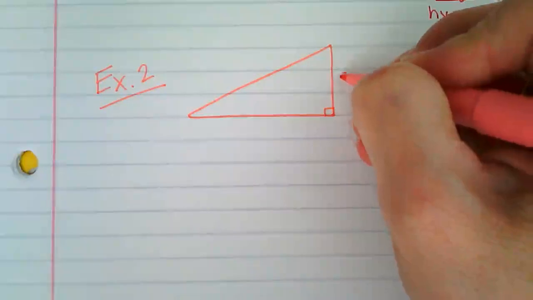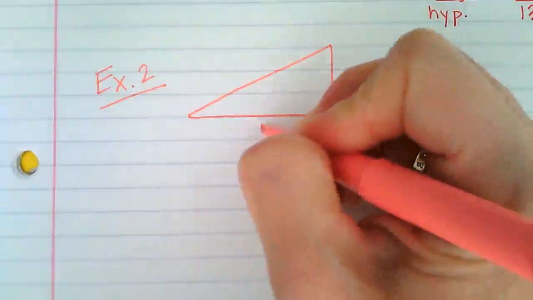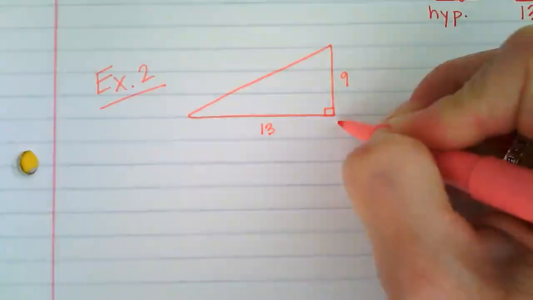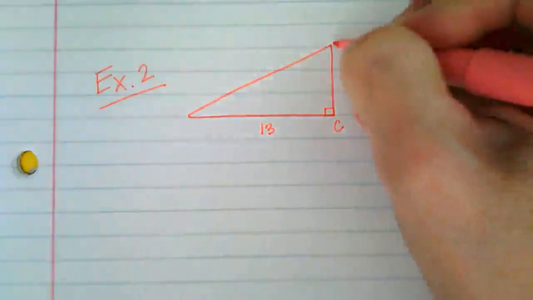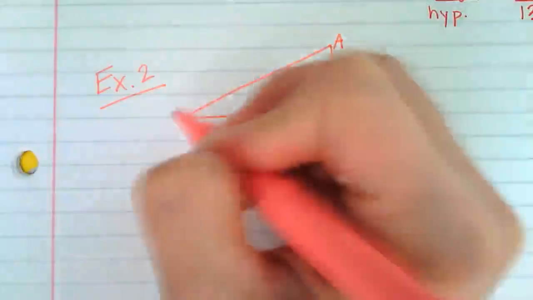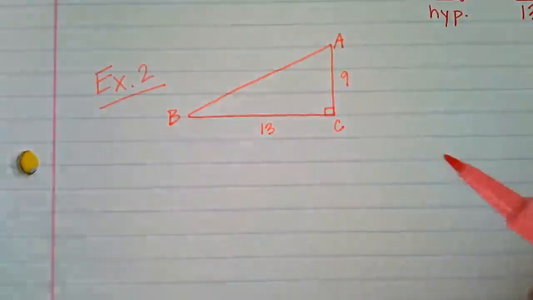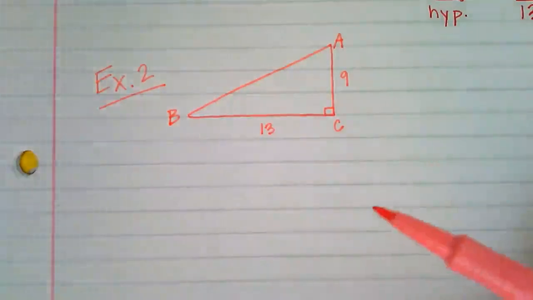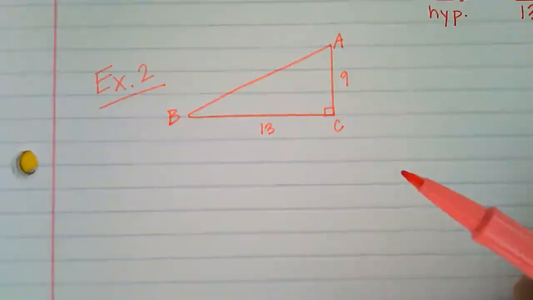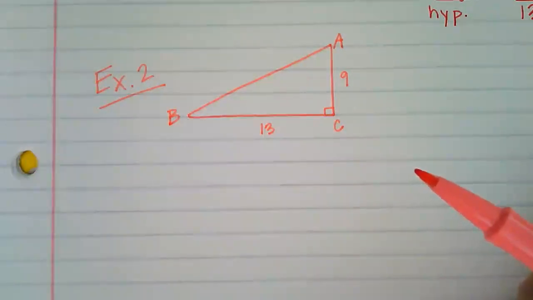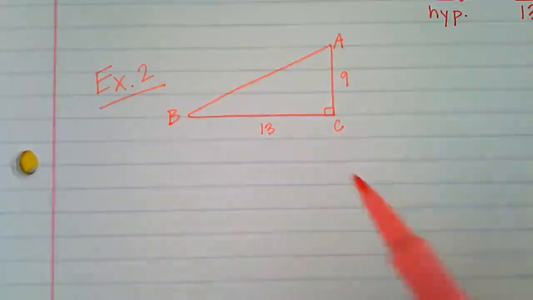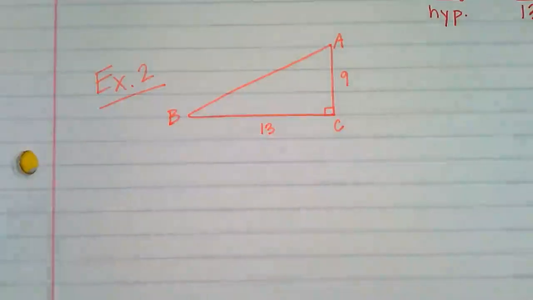Let's say this side is 9, this one we'll say is 13. We know that's C. We'll make this A and this B. All right, so first thing we have to do is figure out the missing side. So in order to do that, we are going to use the Pythagorean Theorem to get our hypotenuse.